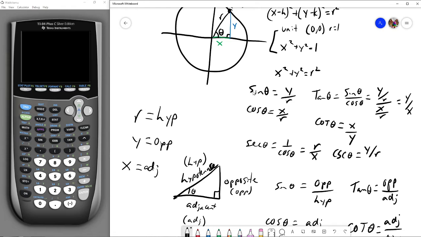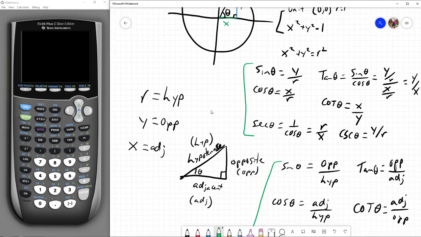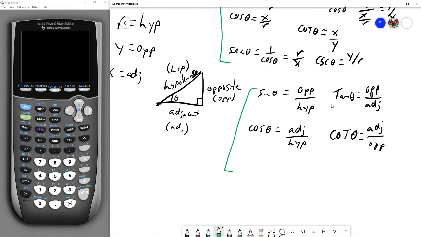So what we're doing is essentially taking these definitions that we originally discovered with the 6 trig functions, and now we're reinterpreting them under these names of hypotenuse, opposite, and adjacent. So that's what's going on down here. Once we make this connection of identification between x, y, and r with adjacent, opposite, and hypotenuse, we get this here, and it's actually very, very useful.